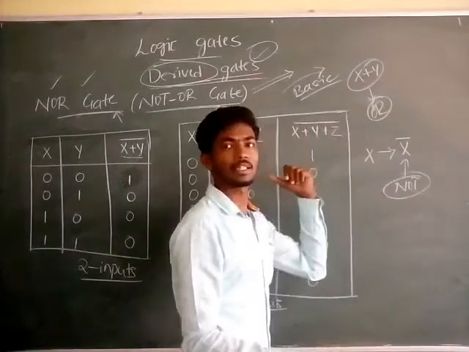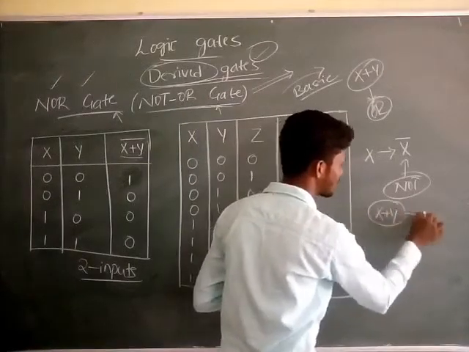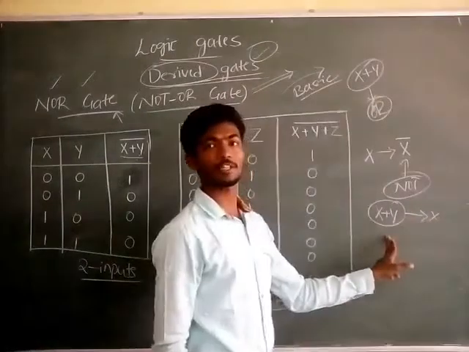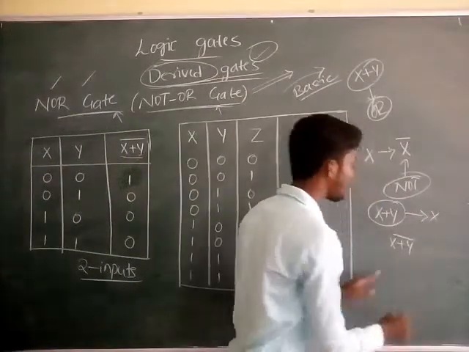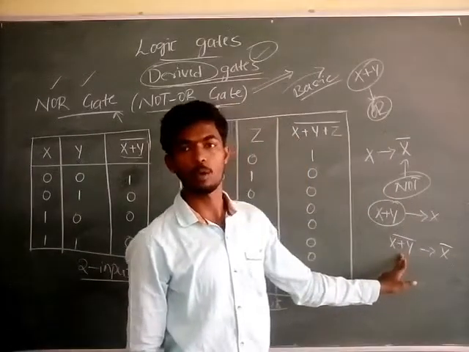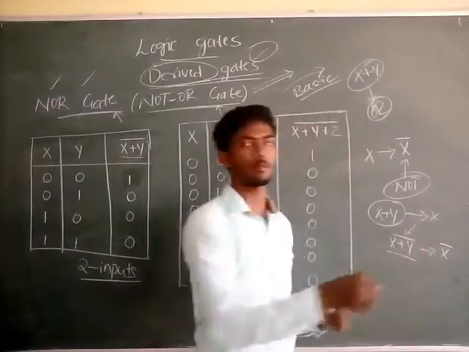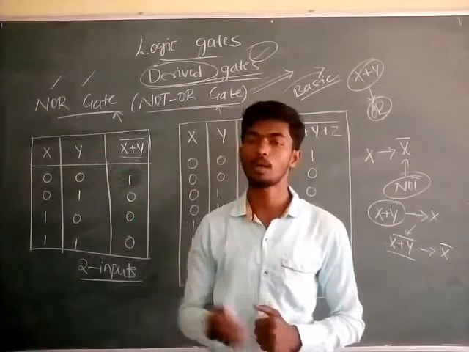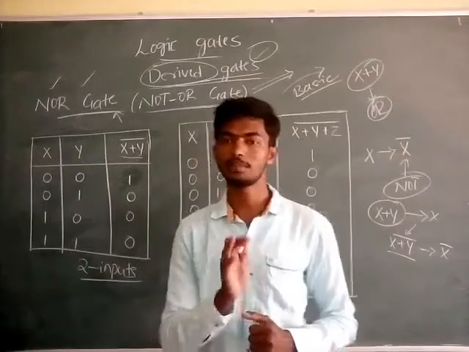Just think of X plus Y as a single X; then (X plus Y) complement is like X complement. So (X plus Y) whole complement contains the OR operation as well as the NOT operation. That's why it is called a NOR gate. I have told you the simple way.